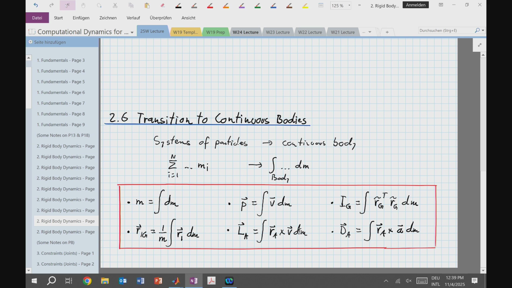And the same for all of these other quantities. We see the structure: everything that we defined had this m_i in there, and that m_i now becomes our integration variable dm. So integrate over the body dm. The things that we need to compute, our inertia matrix, center of mass location, angular momentum, linear momentum, kinetic moment, they all have this m in here, so we can easily convert them into such an integral.